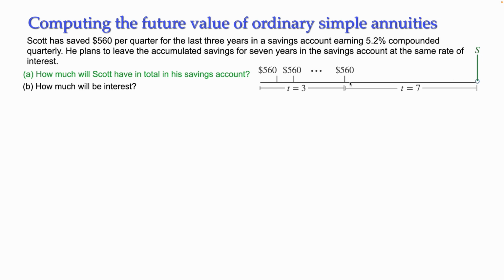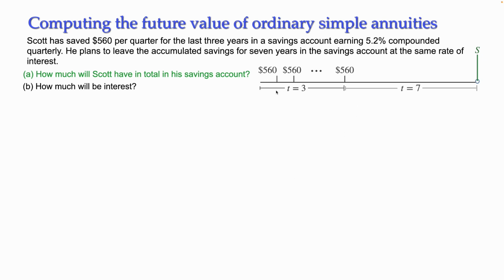If you are going to solve a problem like this, think in the first period when the payments are made. In this period of time, we know the interest is 5.2, we know that the payment is 560, and we also know that the compounded period and payment periods are quarters, both of them.